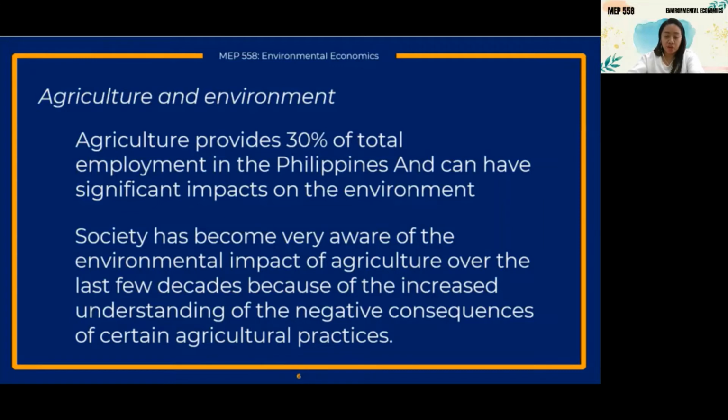For example, we have agriculture and the environment. We know that agriculture provides a total of employment in the Philippines, and it can also have significant impacts on the environment. While negative impacts are serious and can include pollution and degradation of soil, from using different fertilizers, and of water and air, agriculture can also positively impact the environment.